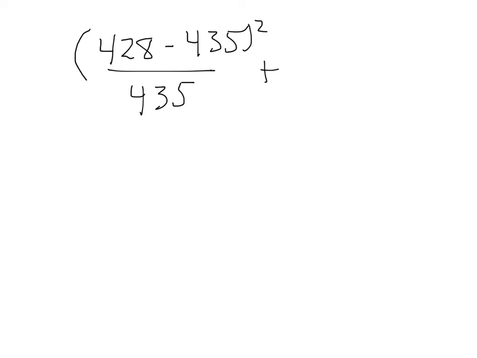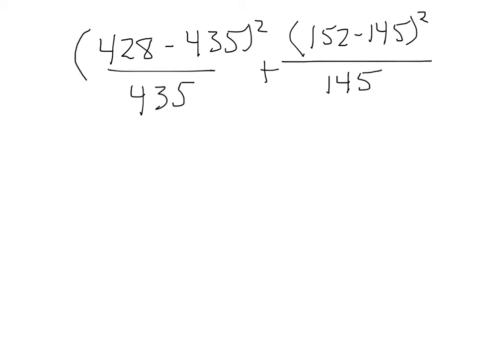And add to that the difference between 152 and 145, squared, divided by the expected value. And this gives us that chi-squared test statistic, which in this case is 0.45.